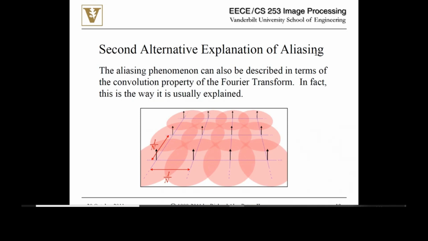Let's say that this is the origin, this is the central copy, and we know that we have new copies appearing every 1/n in frequency. So this is the first copy, this is the second one, third one, and so on. And we have here the representation of why they may overlap and why we get an aliasing.